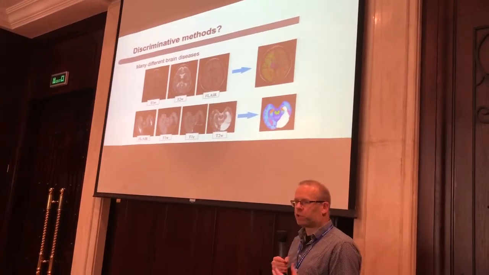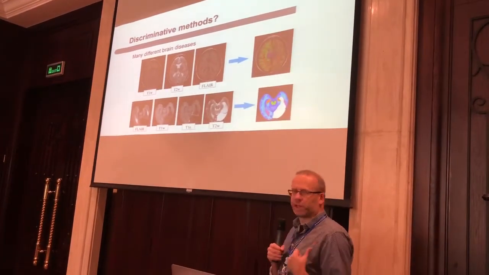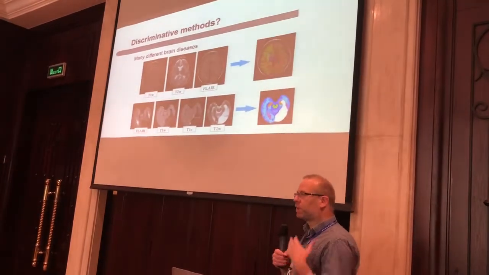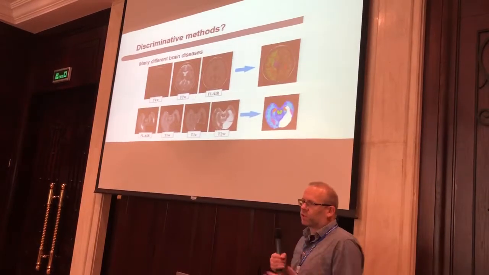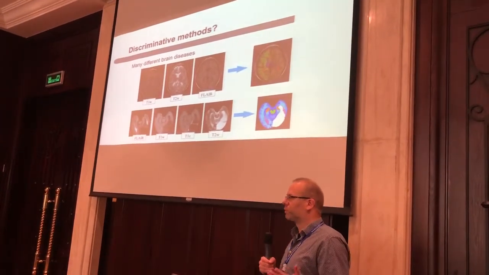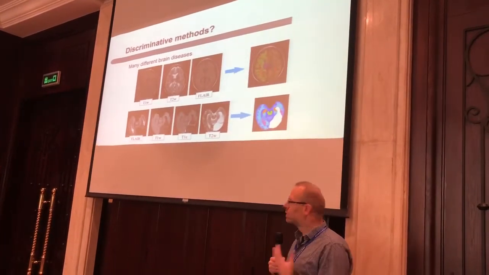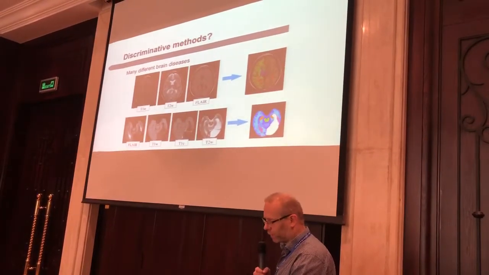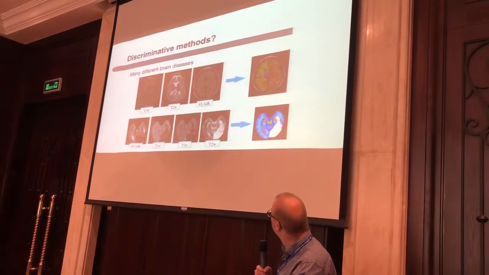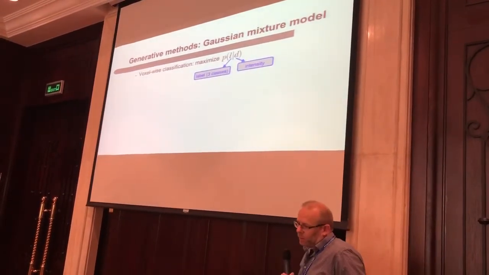So if someone approaches you with a data set that they acquired in the hospital yesterday of a patient and says, can you analyze this? Unless you have a generative model, you have to say, well, I'm sorry, I need to retrain some networks, can you give me some training data? So there is a strong case to be made, I think, in clinical imaging to think a bit about the generative part.